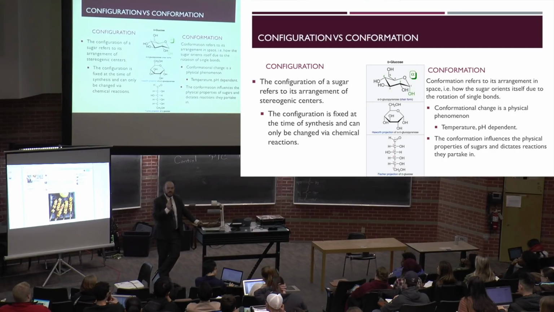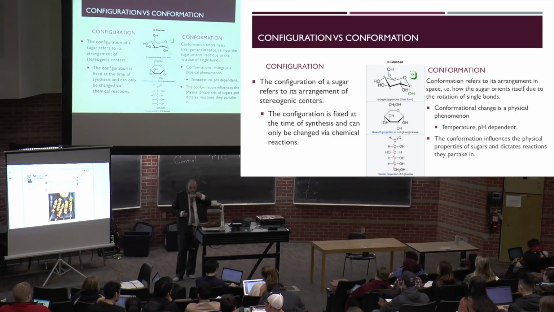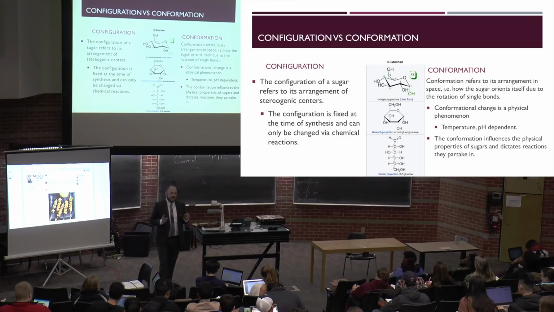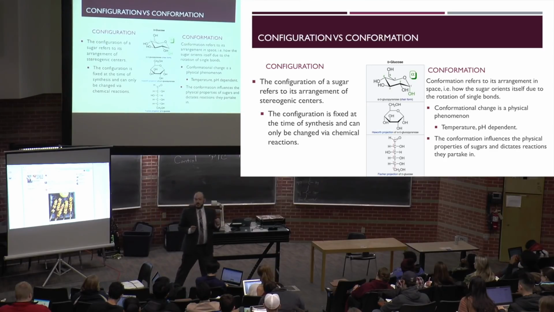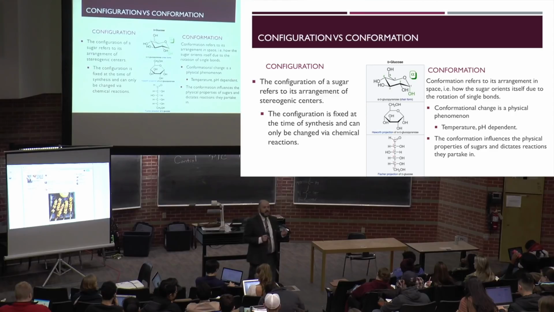We have a really special name for those sugars. We talked about it on the first day of class. A reducing sugar. So reducing sugars have the ability to go back and forth between the cyclic structure and the linear structure. Why is this important?